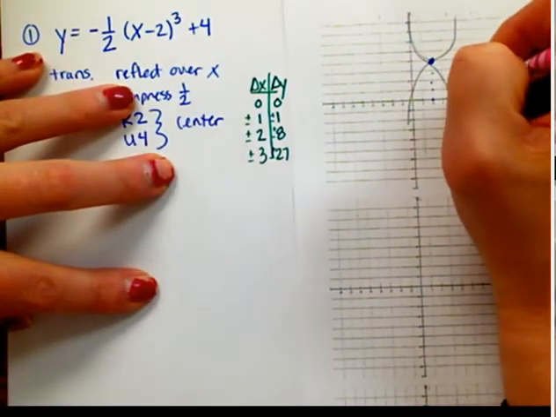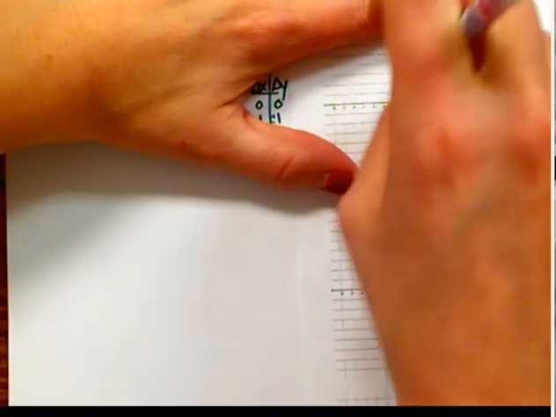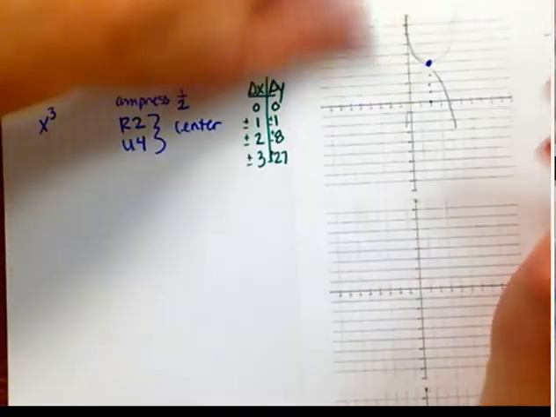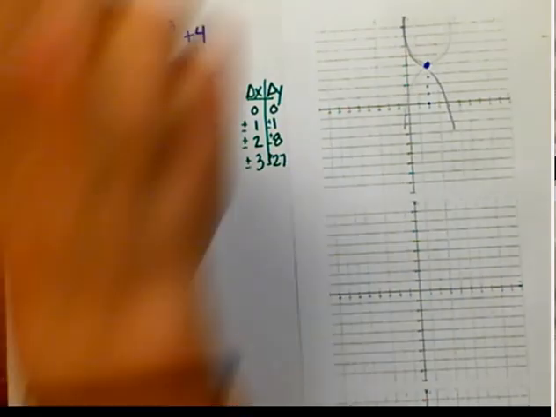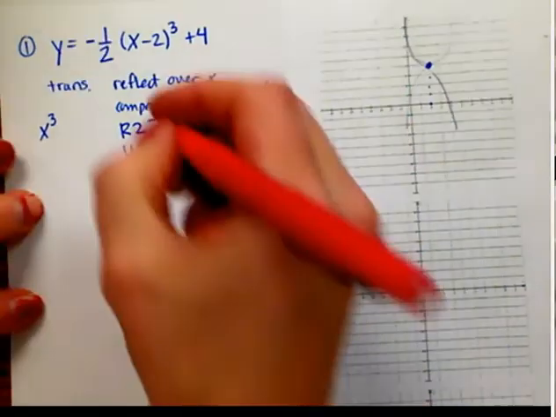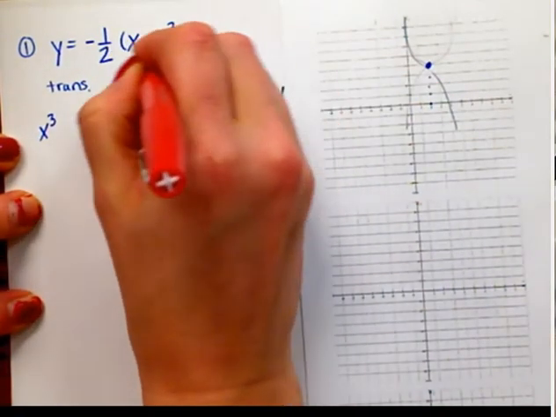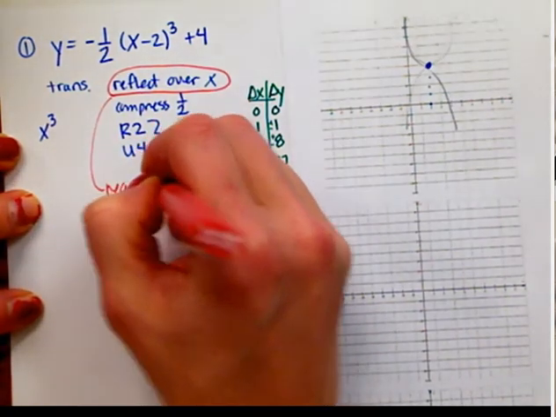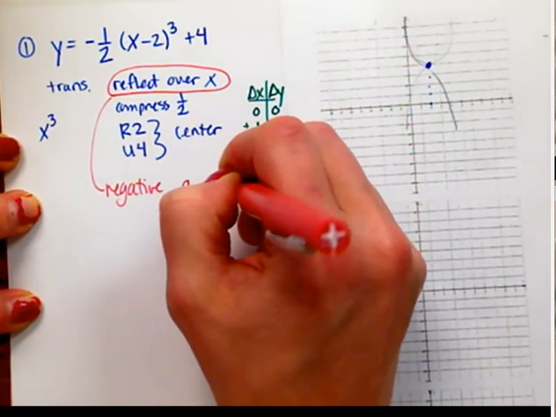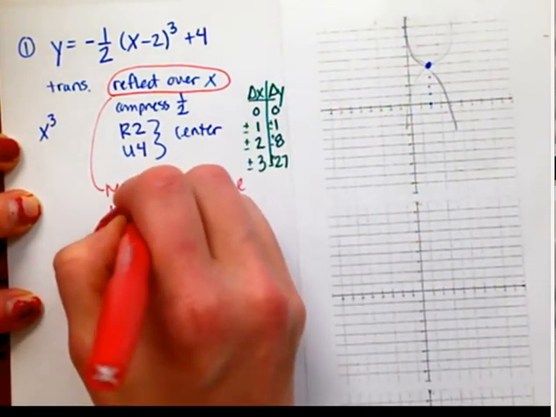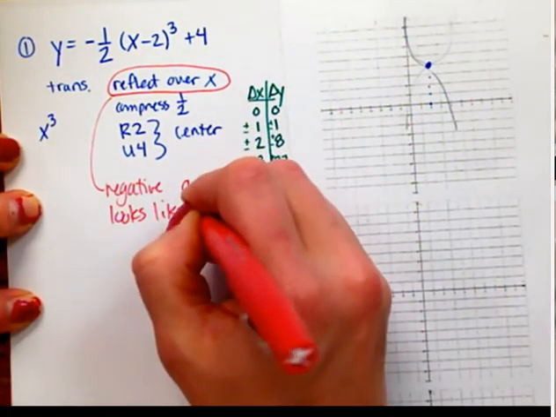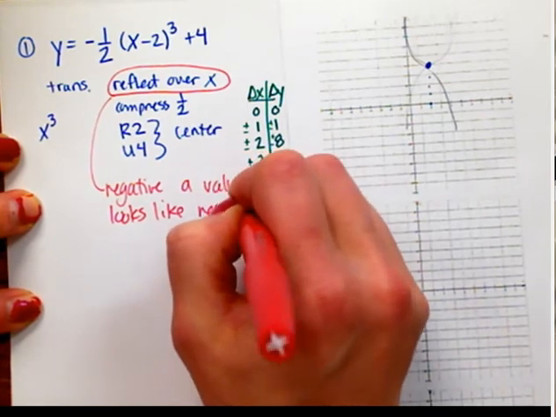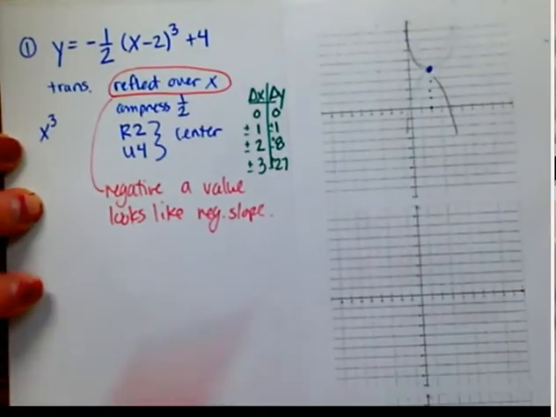And so it's going to look like a negative slope. For the center 3 dots.